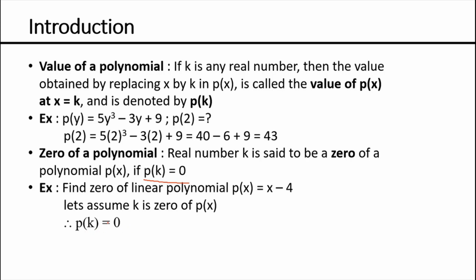So we will replace x by k in the equation p(x) equal to x minus 4. So we will get p(k) equal to k minus 4 equal to 0. So we will take 4 to the other side of the equation, and we will get k equal to 4. 4 becomes the zero of this linear polynomial p(x) equal to x minus 4.